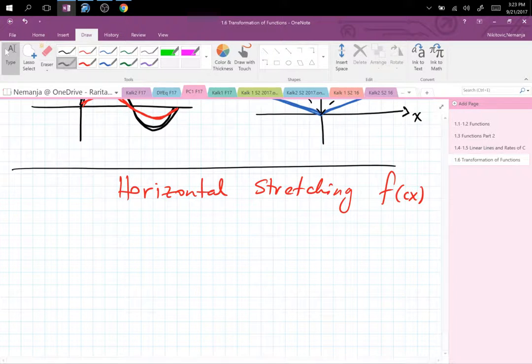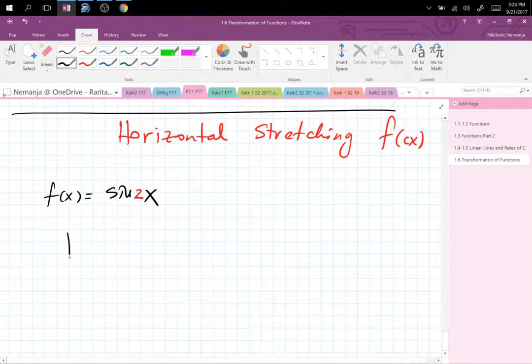Again, the best one to use to see this would be a trig function. So I'm going to start with f of x equals sine x, but then I am going to put the number 2 in there in red.